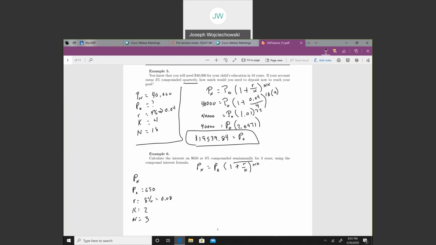So let's plug in the values we have here. So principal after 3 years is the initial principal of 650 times (1 plus R, which is 0.08, divided by K, which is 2) to the N, which is 3, times K, which is 2.